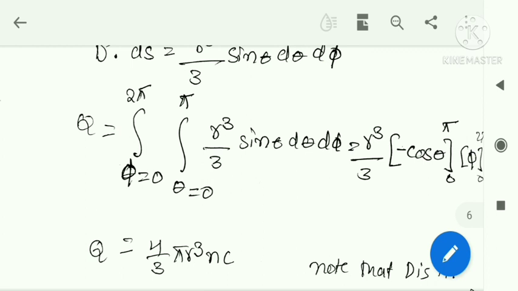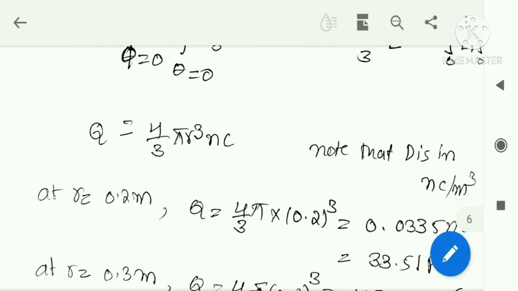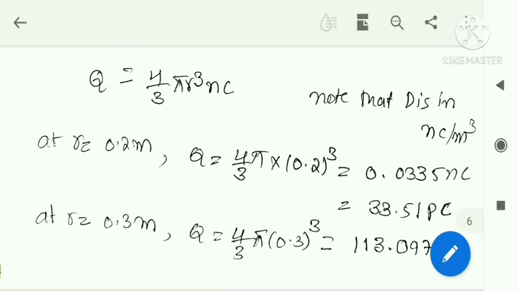The integration of d phi is phi, which varies from 0 to 2 pi. After substituting these values, we get Q equal to 4 by 3 pi r cubed. Now we can substitute r equal to 0.2 meter to get the value of Q, and r equal to 0.3 meter to get the other value of Q for the third sub question. Hope you understood.